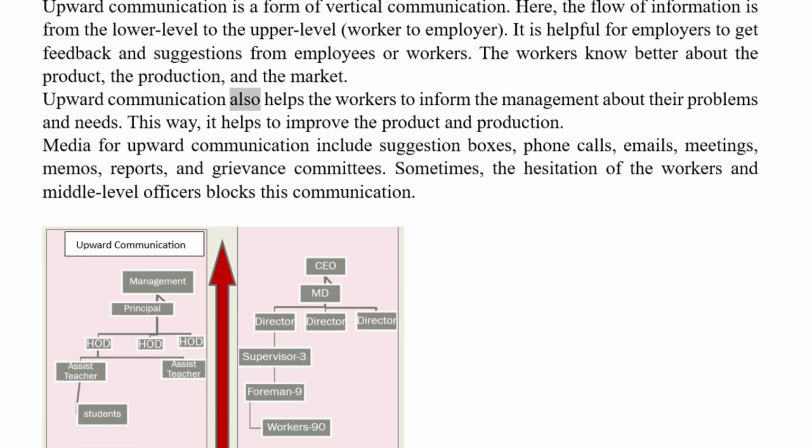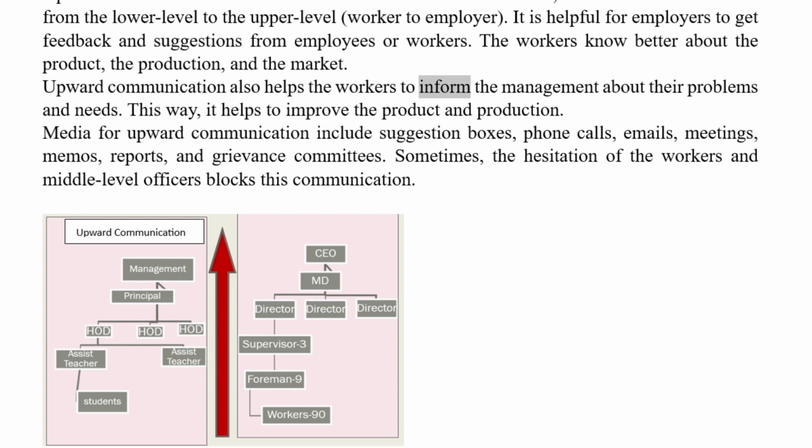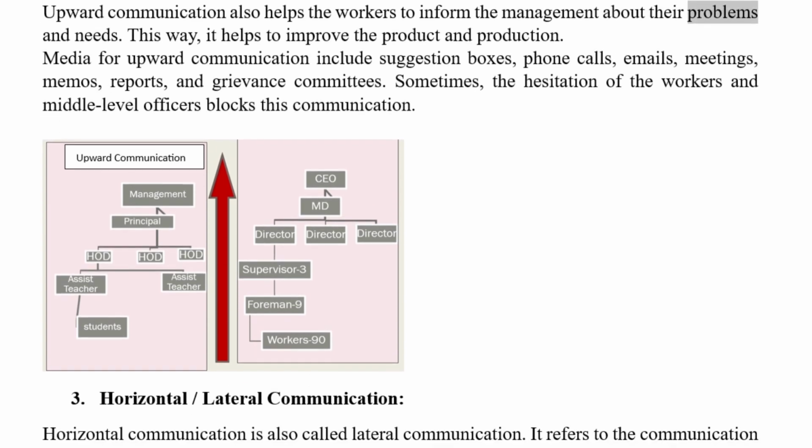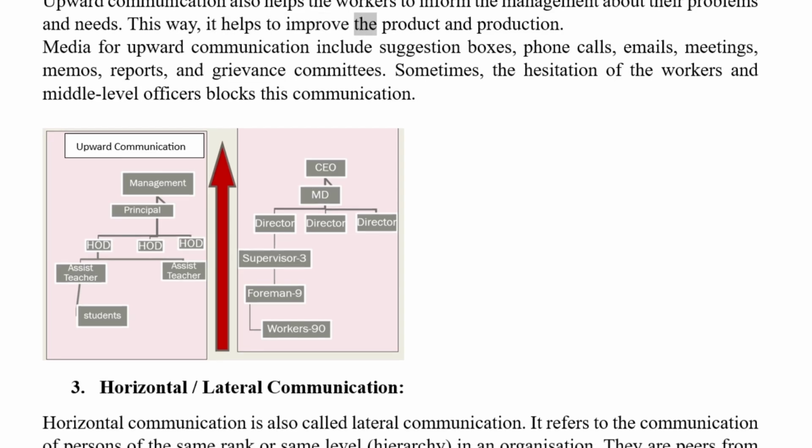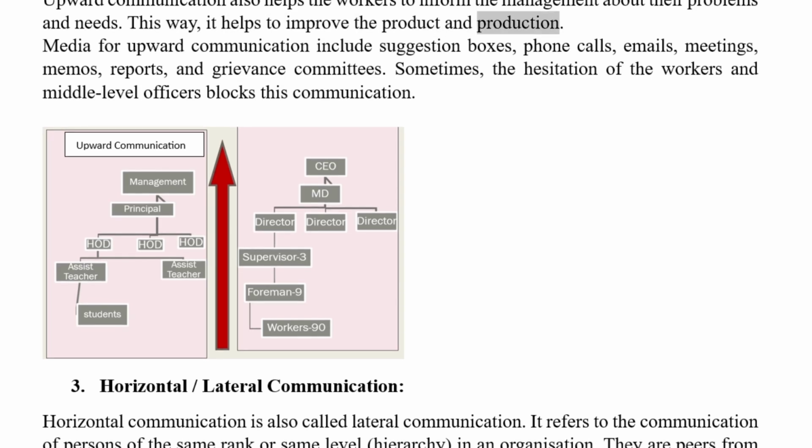Upward communication also helps the workers to inform the management about their problems and needs. This way, it helps to improve the product and production. Media for upward communication include suggestion boxes, phone calls, emails, meetings, memos, reports, and grievance committees. Sometimes, the hesitation of the workers and middle-level officers blocks this communication.